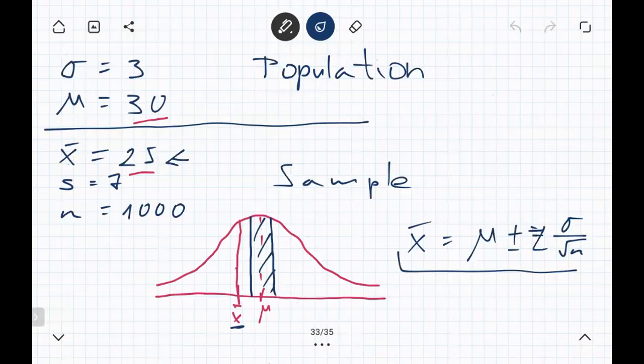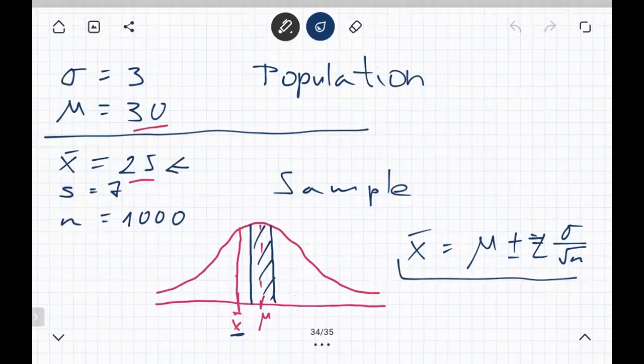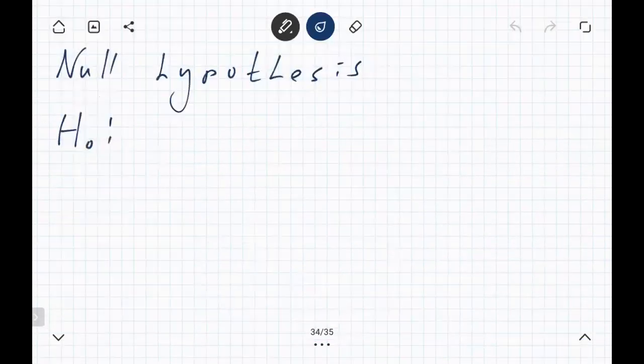We see that the sample mean is less than 30, but the null hypothesis tells us, well, okay, your sample mean is less than 30, but it does not mean anything. It's just a sampling error. So the null hypothesis is that our mean value is still 30.